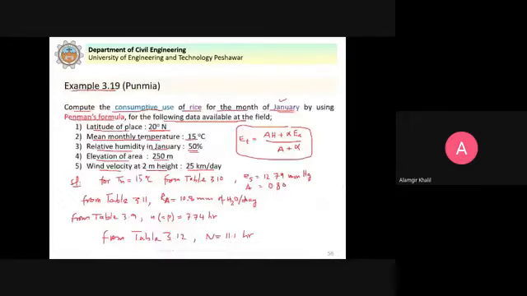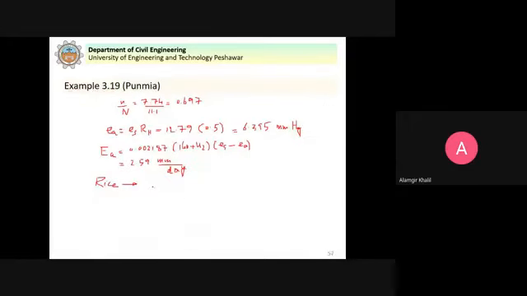So we can assume the value from that range. For rice, we have this as a close crop. So we can assume the value of small r is equal to 0.20.